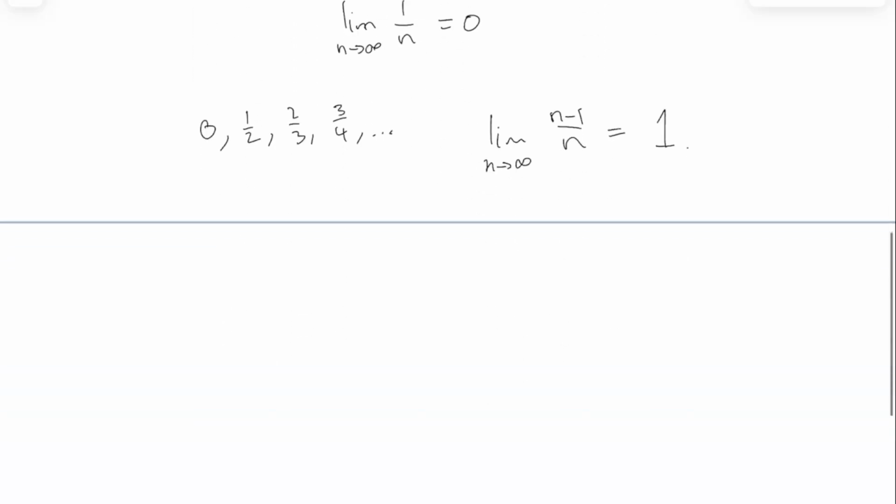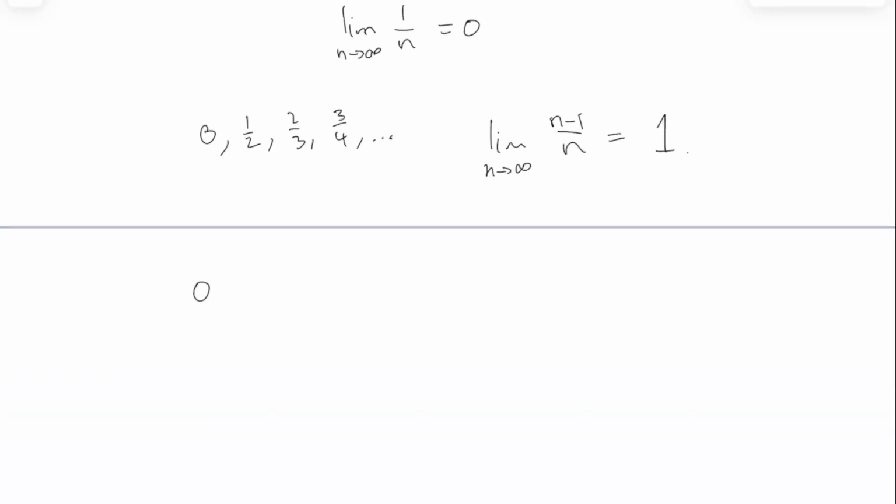How about that other example where I was alternating the signs? I believe the 1/2 had a plus sign, and the numerators were always 1 less: 3/4, minus 4/5.